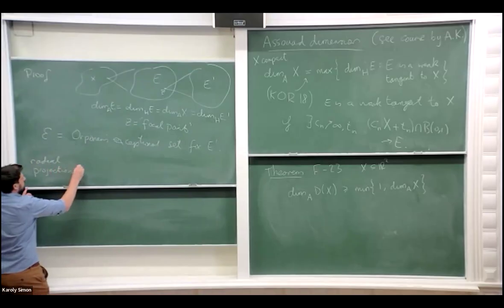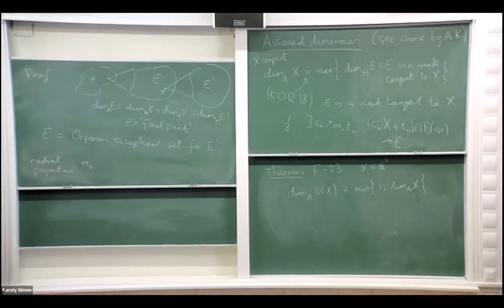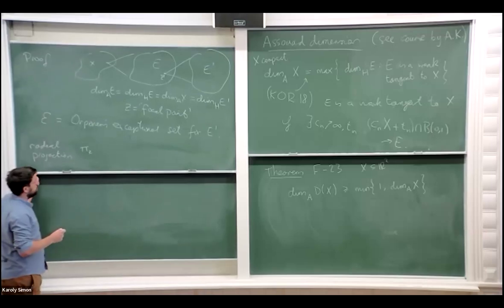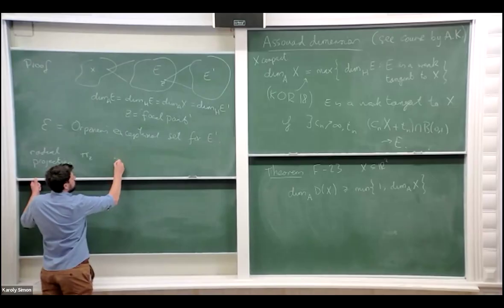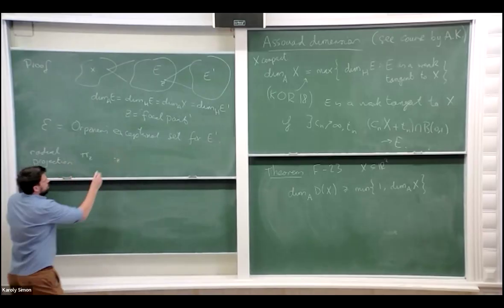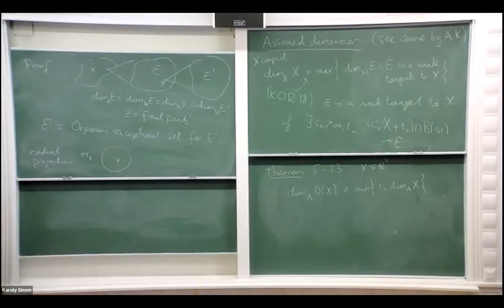Radial projection, I'm going to denote by pi Z. For a radial projection, I think it's better to draw a picture than to give you a proper definition. Radial projection fixes a pin Z, draws a unit circle around Z, and then projects everything in the plane apart from the point Z onto the boundary of the circle at right angles.